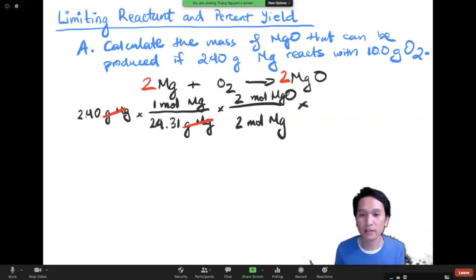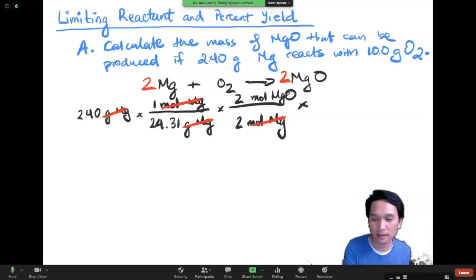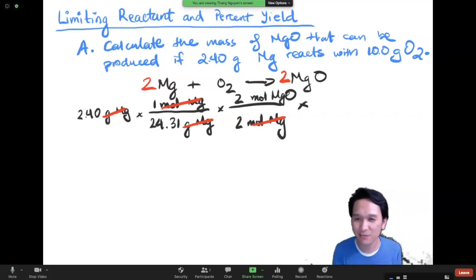Right? So the mole ratio is for every 2 moles of magnesium oxide, you need 2 moles of magnesium. Again, cancel those units so we are taking care of them one at a time. And the last step, now that we have moles, we need to go to grams of magnesium oxide using its, again, molar mass.